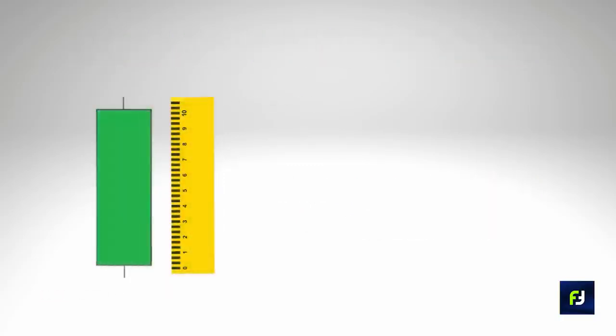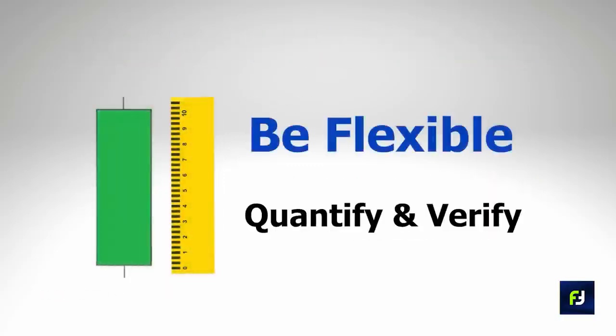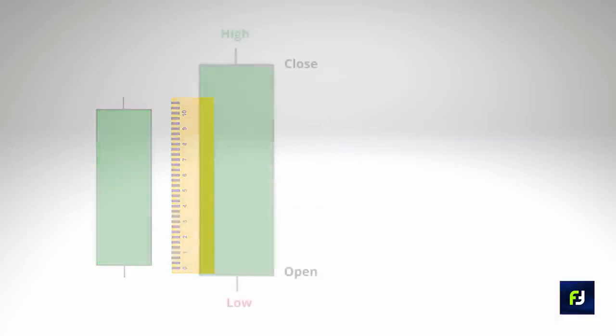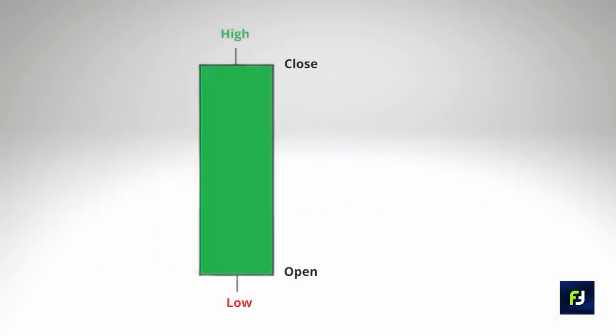But we have to be very flexible with patterns. That is, we have to first quantify and verify, because in the market the patterns generally don't occur exactly the same way as mentioned in the textbooks. So let's look at this green candlestick pattern where the price has closed higher for the period.